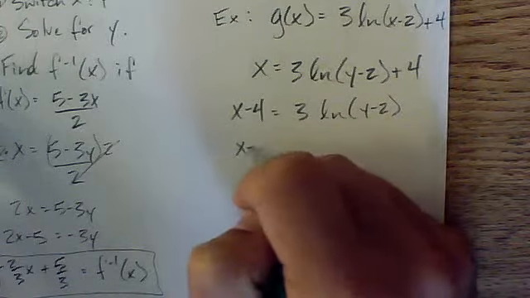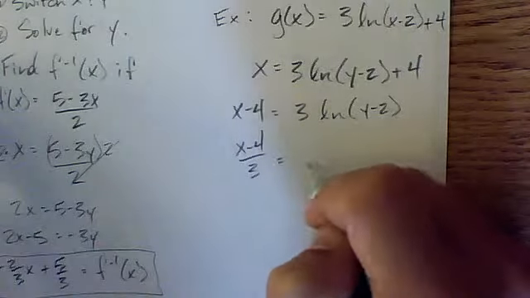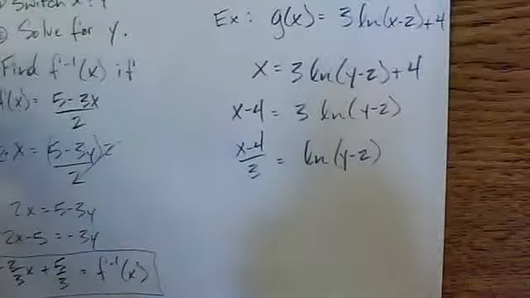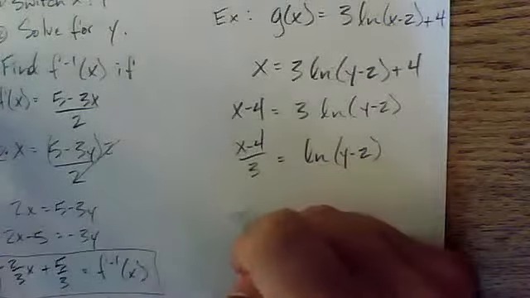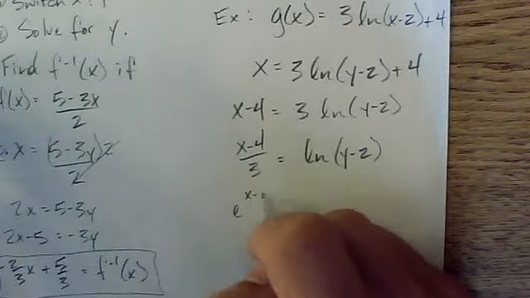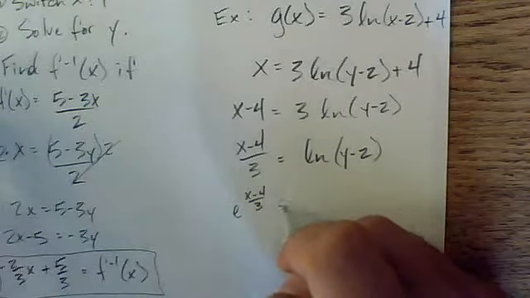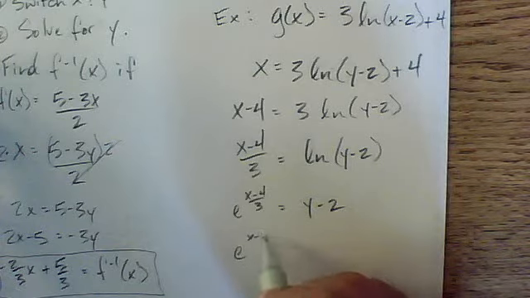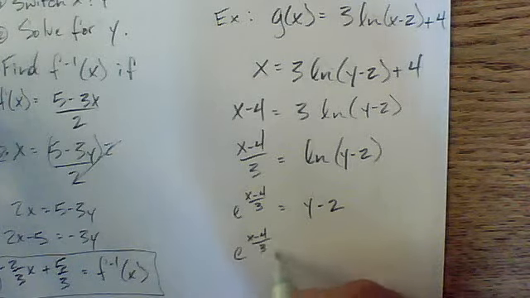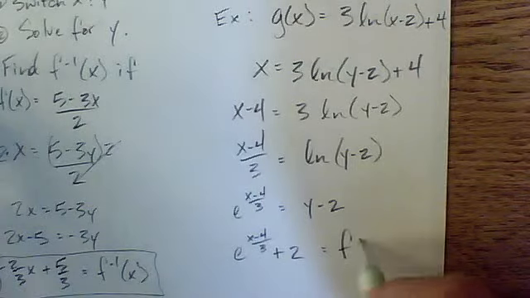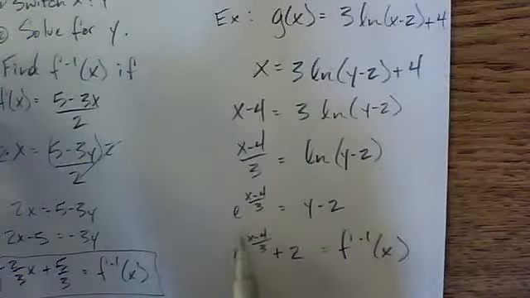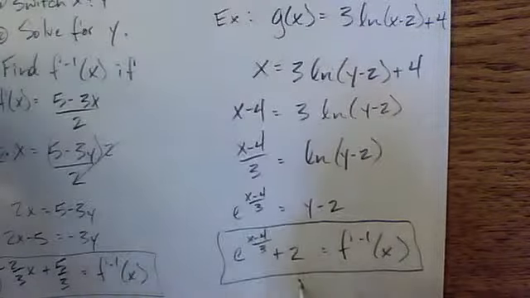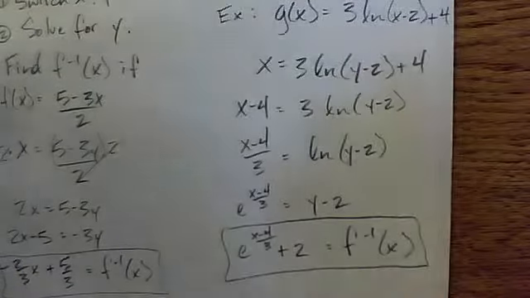And then divide by 3. Now remember, the base of a natural log is e, so that will come over here and become the base of the exponent. And then you can just add 2. So e to the (x minus 4) over 3, plus 2 is your inverse. So for that one, I started with a logarithm and I ended up with an exponential, which are inverses of each other.